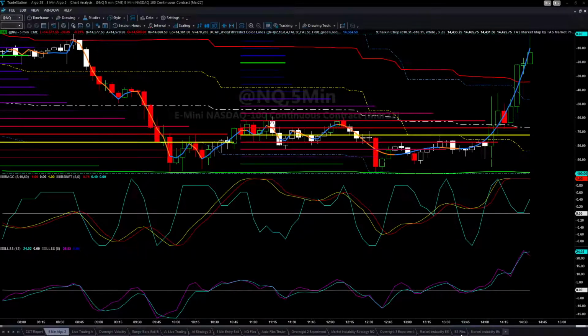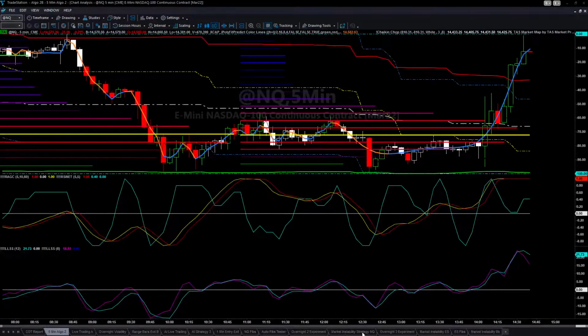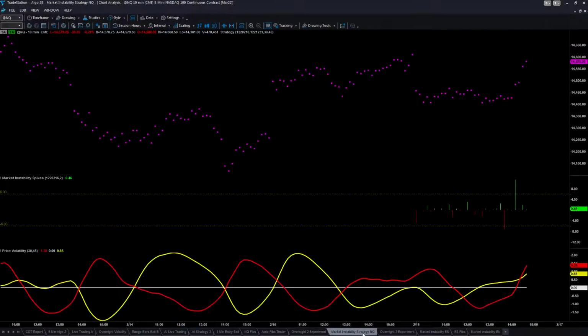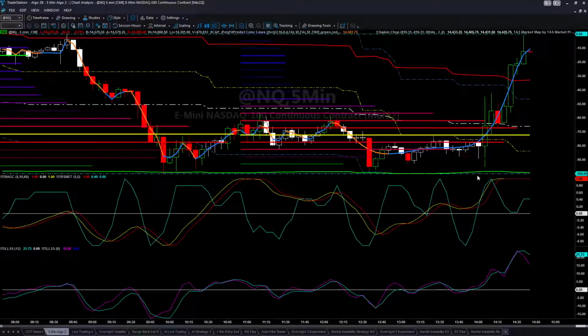Let me take a quick peek here. Wow, no real market instability at all in the trade. And wow, this thing is still running to the upside. Geez, look at this. Unreal. Yeah, you got more to go.